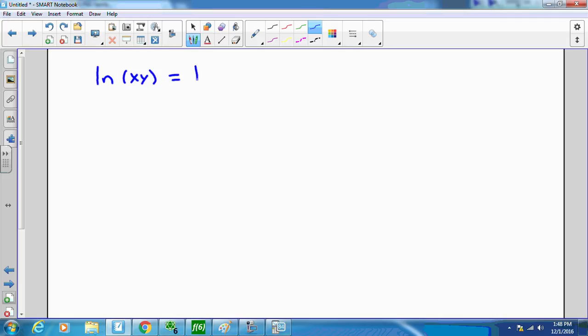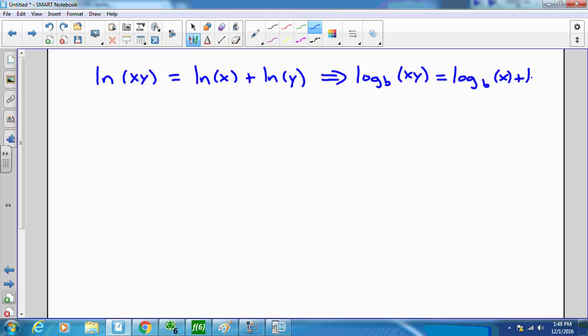Likewise, the algebra should be the same. If I start with the 3 properties of natural log, and I divide through by natural log b, then I get the 3 properties of log base b, just like so.